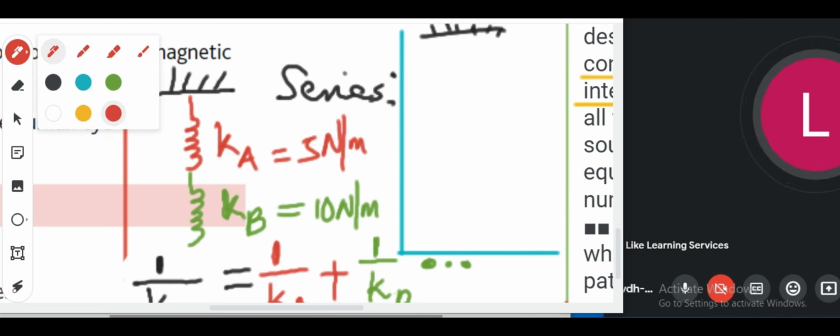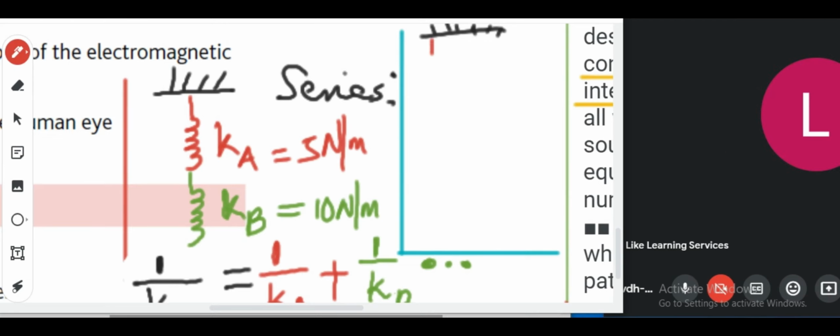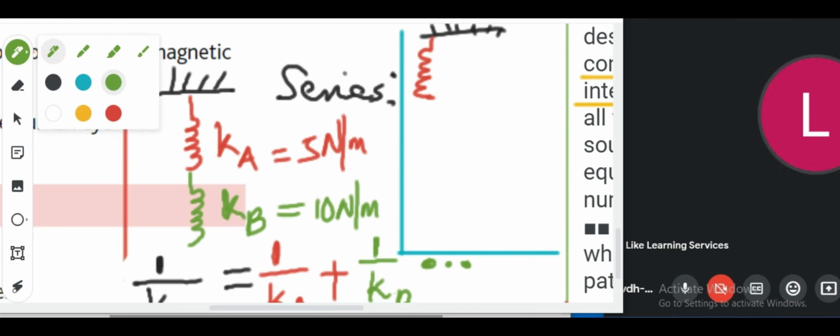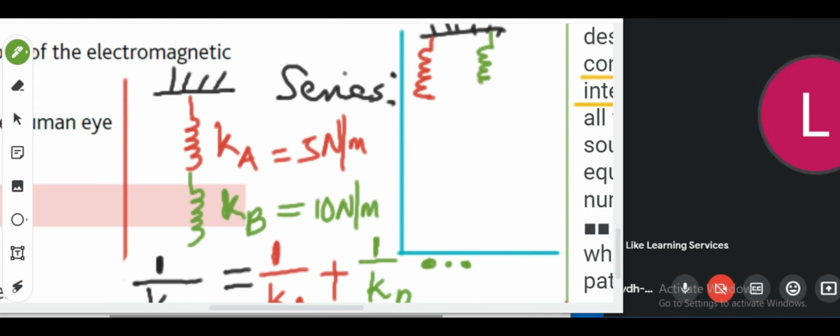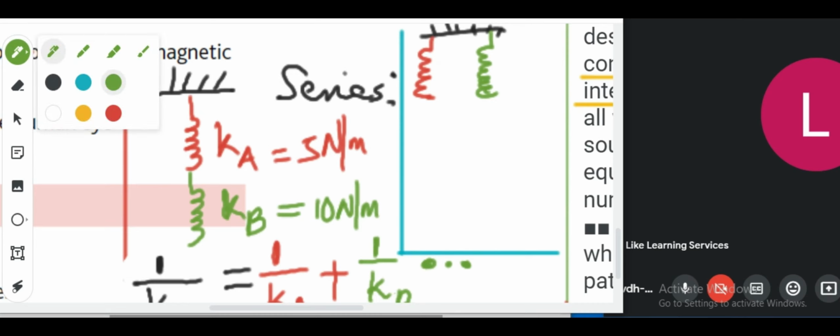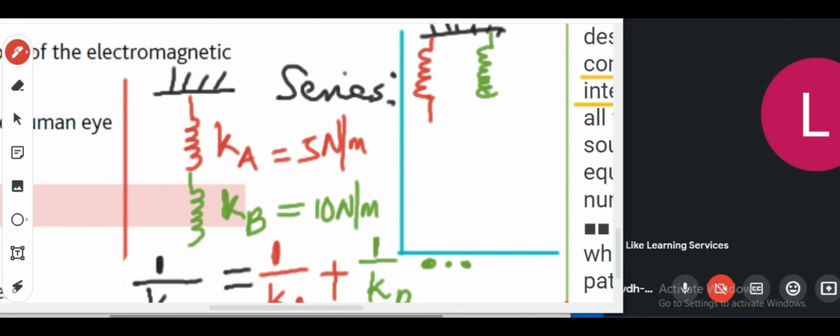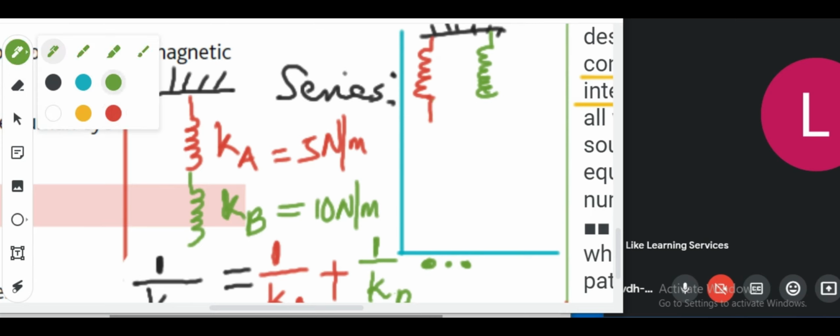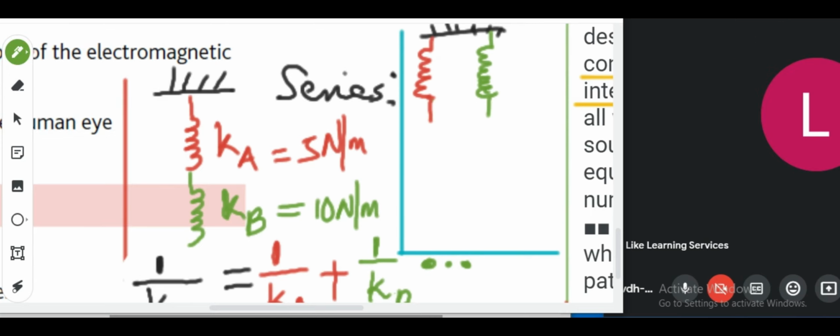We have this first spring in red connected like this, and then another spring in green connected like this. In this case, they are connected in parallel, all supporting a load, both of them holding a load in place.